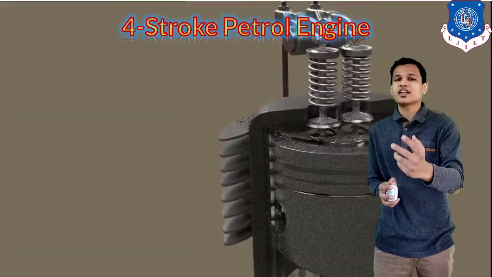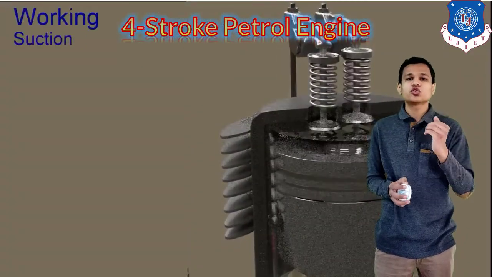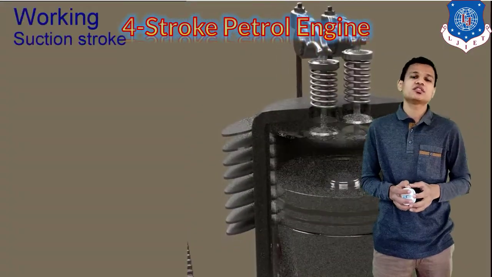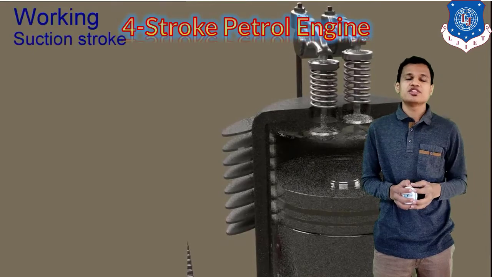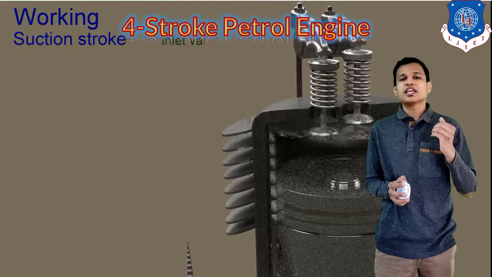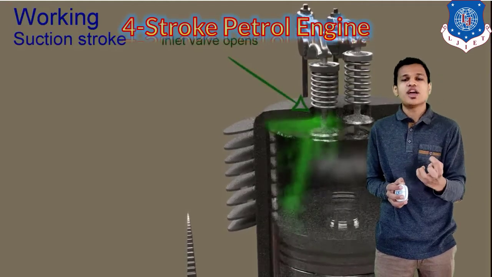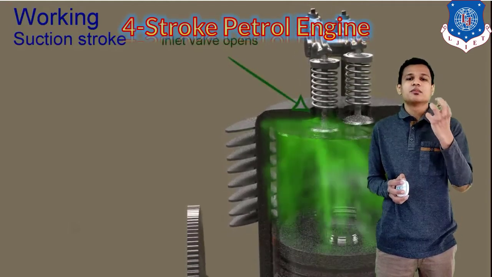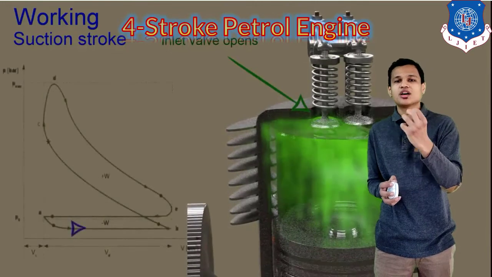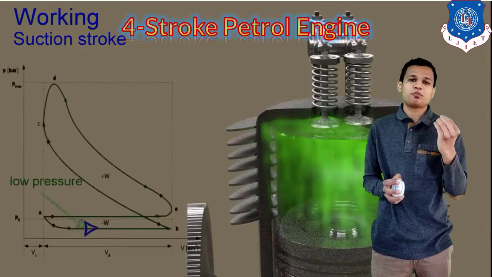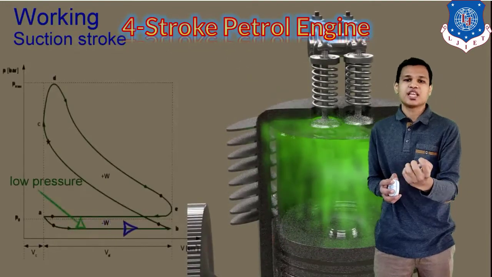Let's see another example of the four strokes that happen in the engine. The first one is the suction stroke, which you can see on the screen. In the suction stroke, the inlet valve opens. When the inlet valve opens, the mixture, that is air plus petrol, goes into the engine.